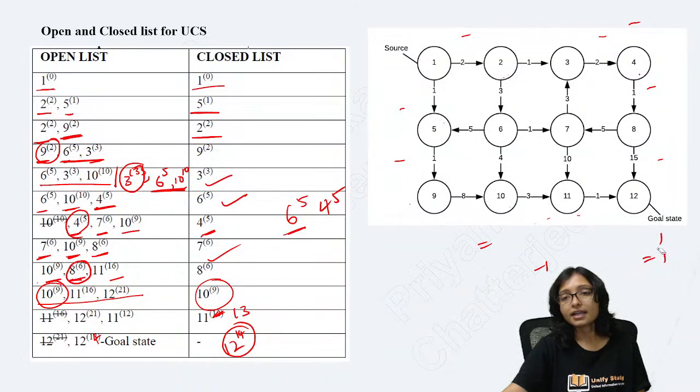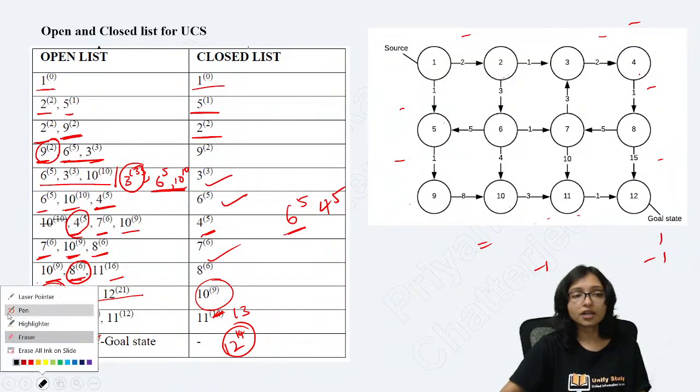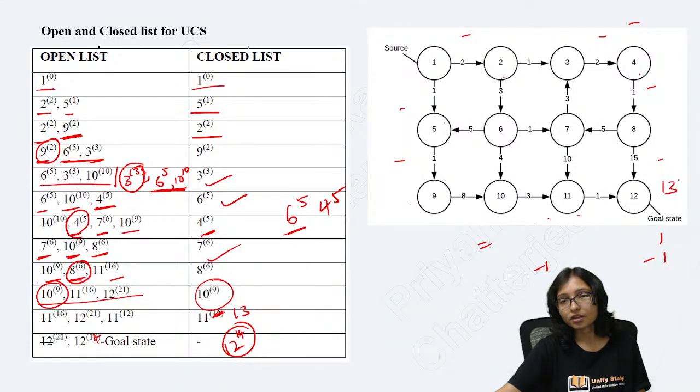See that the ultimate answer was coming what? 12 was 13, right? So how did I reach? 1 to 5. Then from 5 I have traversed that 2. Then 9. Then 5 to 9 I traverse. Right?